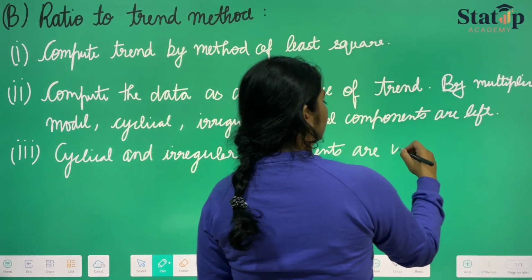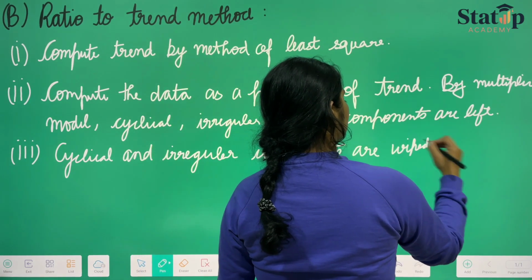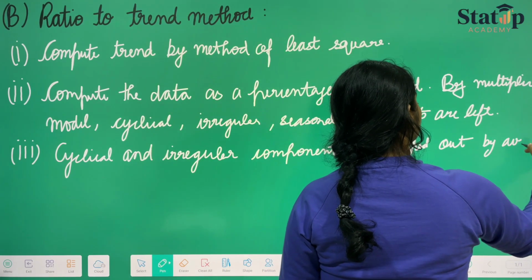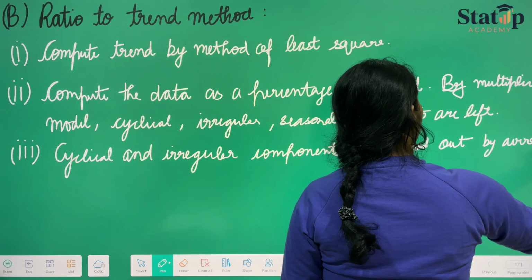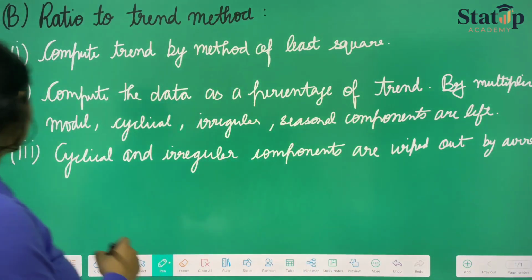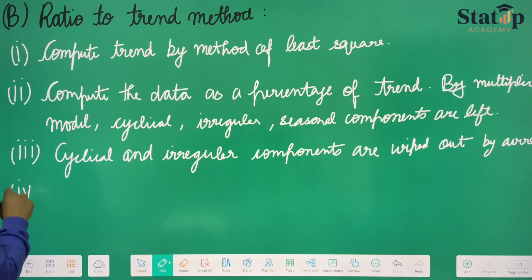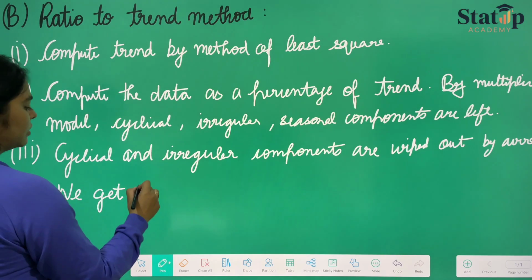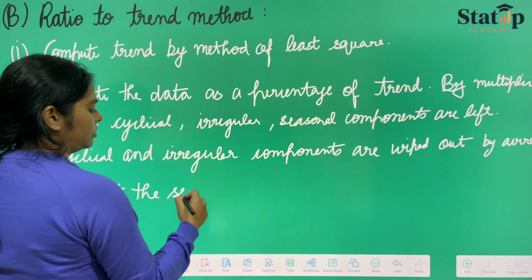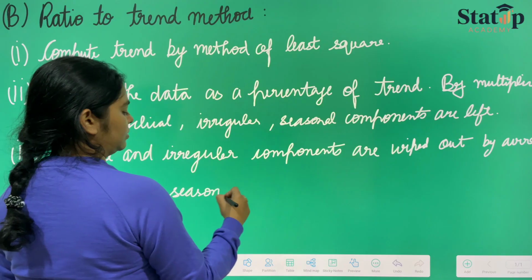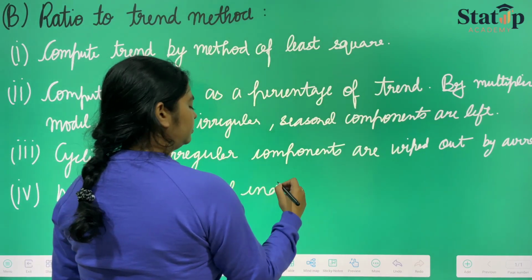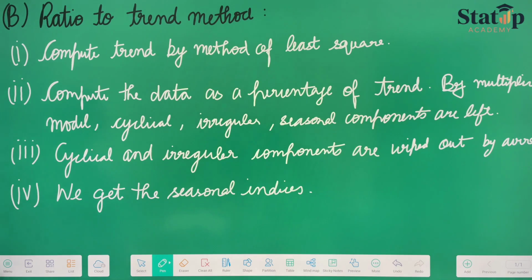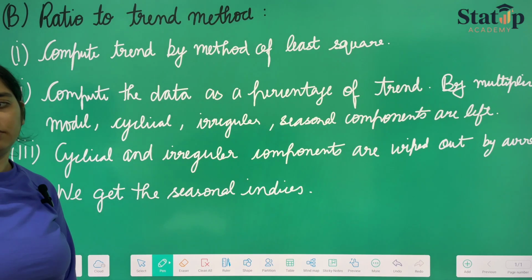And the fourth point is the seasonal indices. We get the seasonal indices, right? So these are the four steps. That's how we'll get the seasonal variation.